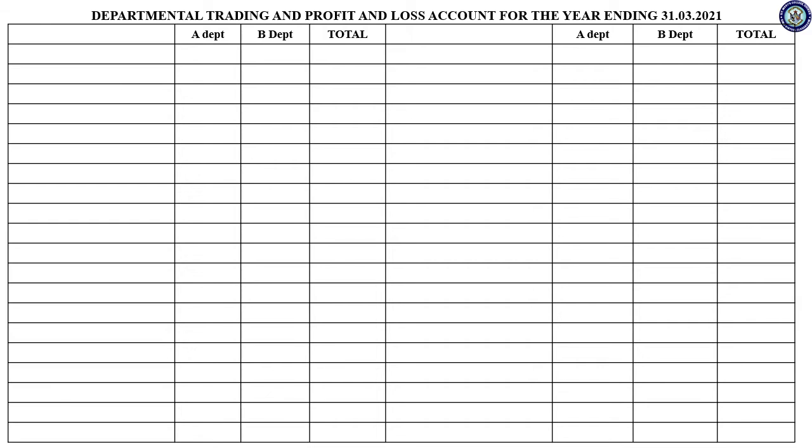Departmental trading and profit and loss account for the year ending 31st March 2021.